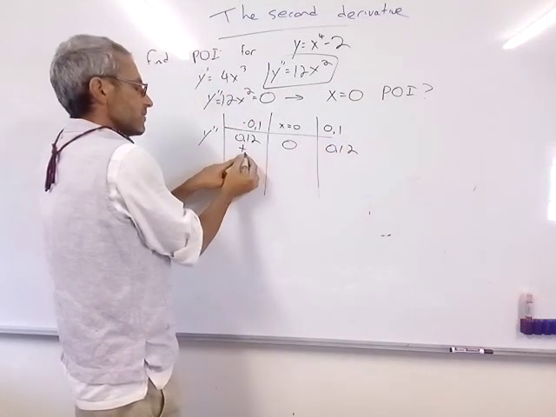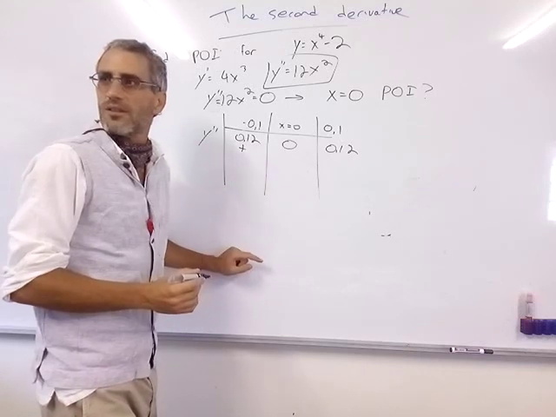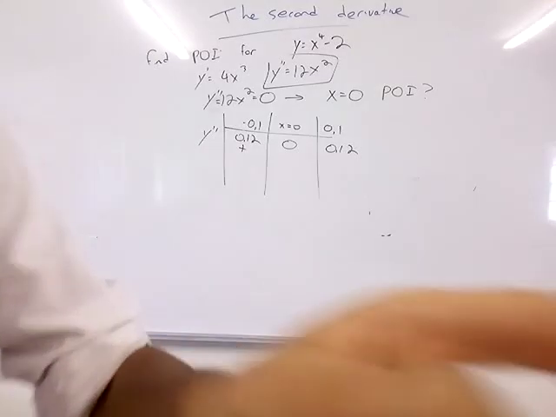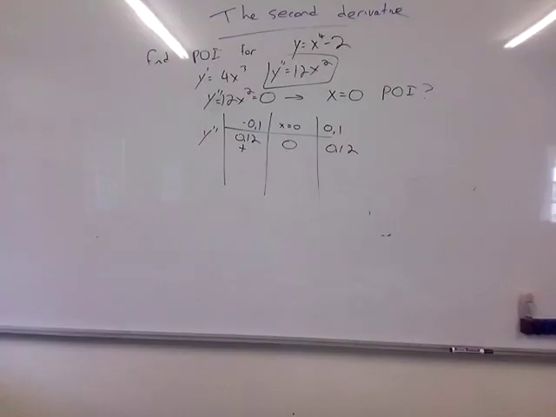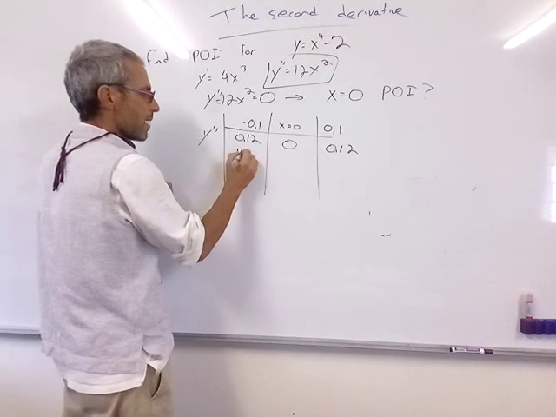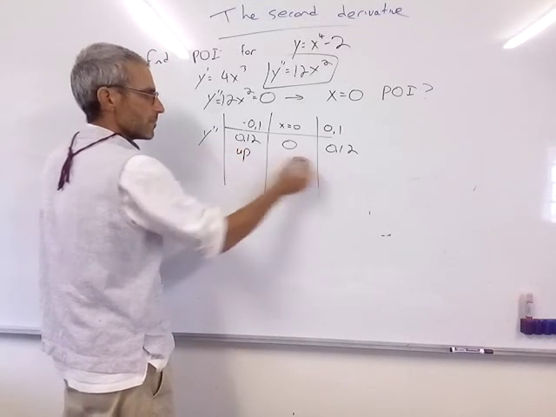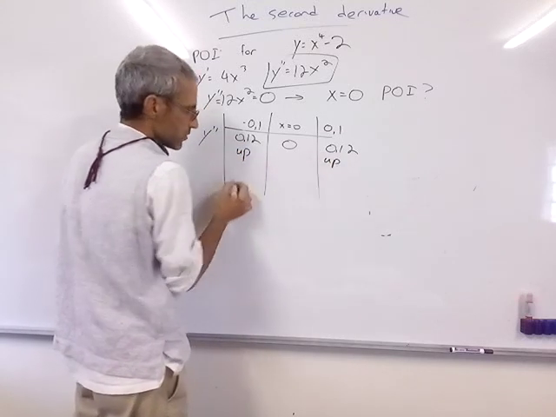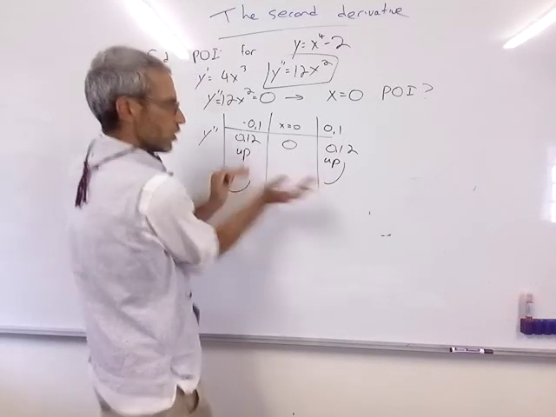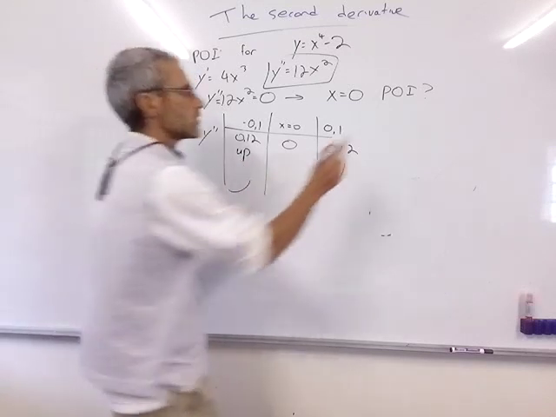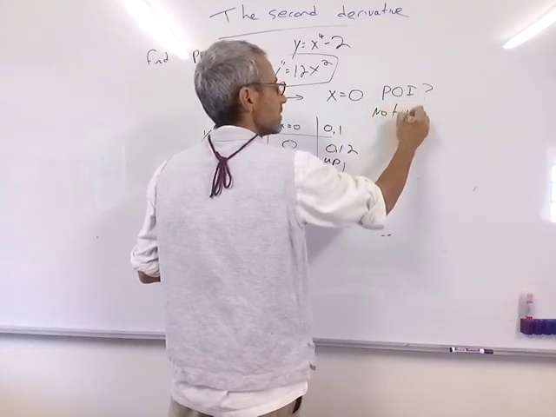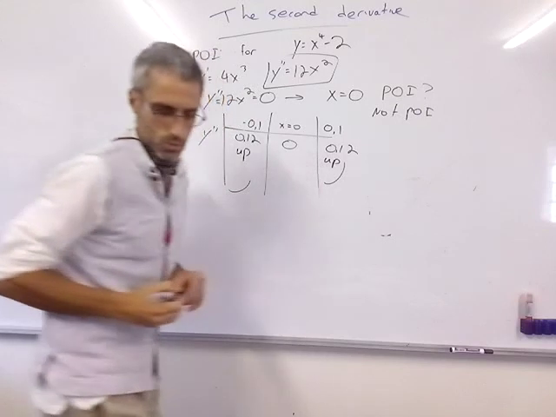So this is concave up, and this one is also concave up, so it looks like this here, and it's going to look like this there. The concavity doesn't change, so is it a POI? Not a POI.